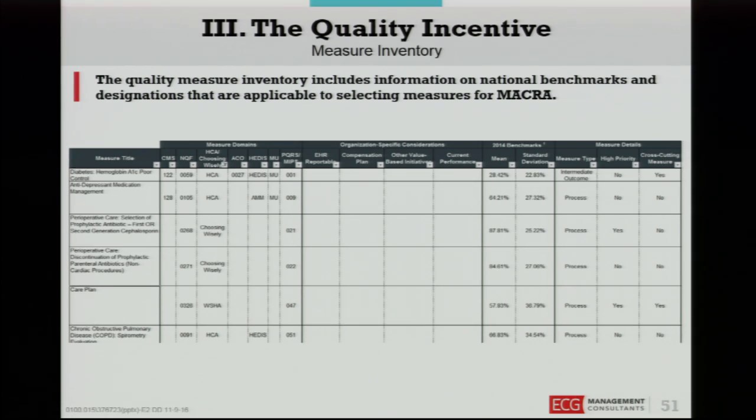You get more efficiency in the work you're doing, because there are going to be a lot of times where the performance on a measure that might be very primary care focused is going to be impacted by all your specialists. By keeping everybody together in a single TIN, you can improve performance on that one or two measures more effectively.